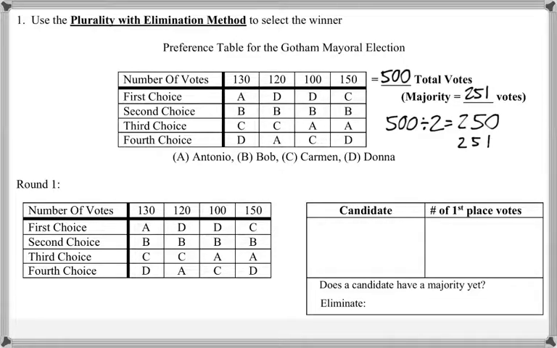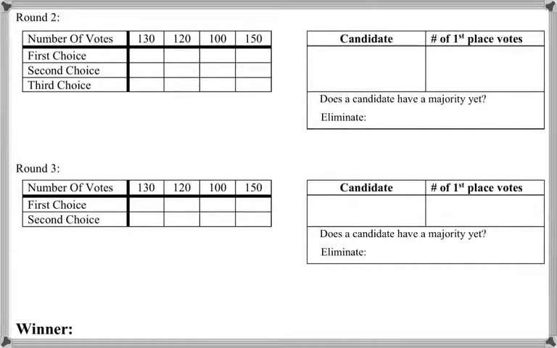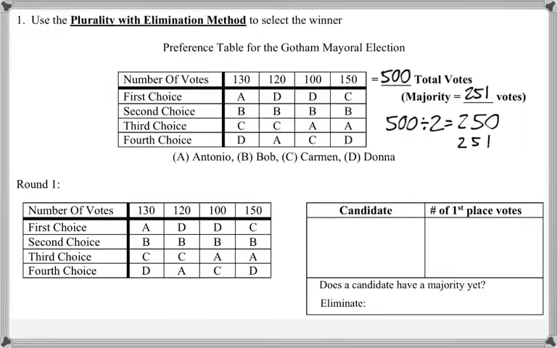So with 4 candidates, there's a maximum of 3 rounds possible to calculate the winner, but we might not need all 3 rounds to find the winner. So in the first round, all candidates are here, and we are trying to calculate the number of first place votes for each candidate.